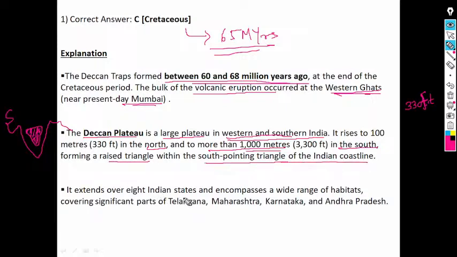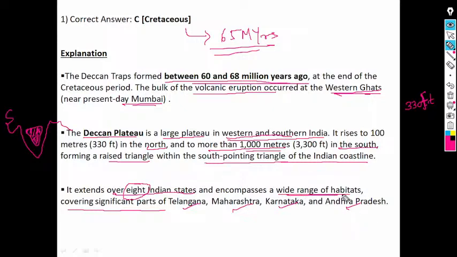It extends over 8 Indian states and encompasses a wide range of habitats, covering significant parts of Telangana, Maharashtra, Karnataka, and Andhra Pradesh.